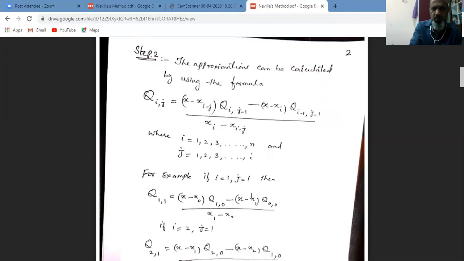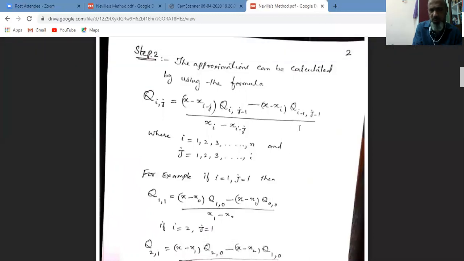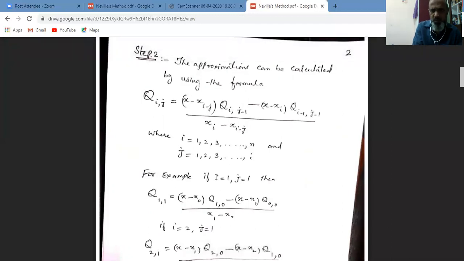For example, if we take i is equal to 1, j is equal to 1, then we get this coefficient: q i,j is equal to (x minus x_{1-1}, that is x minus x0) into q 1,0, minus (x minus x_i, i is 1, so it becomes x minus x1) into q_{i-1,j-1}, 1 minus 1 and 1 minus 1, it becomes q0,0, divided by x_i minus x_{i-j}, x1 minus x_{1-1}, which is x0.